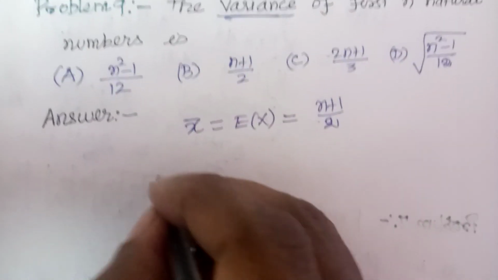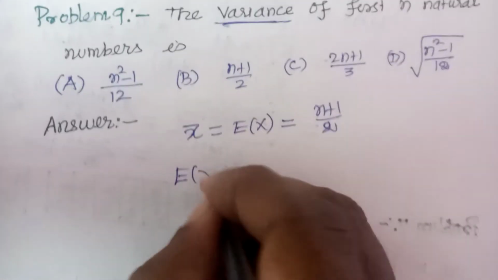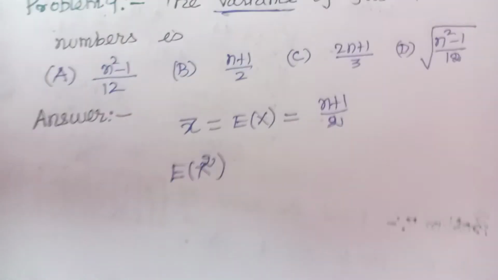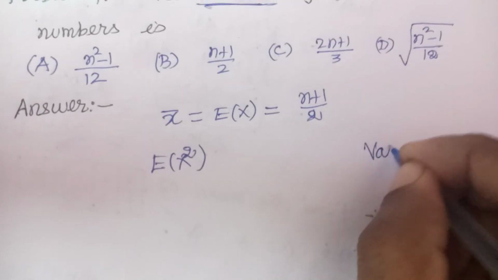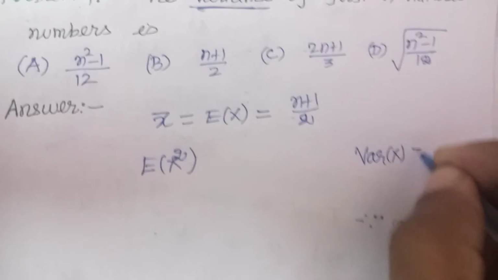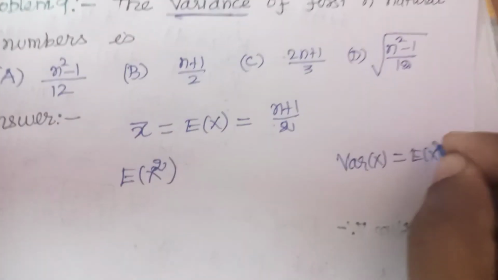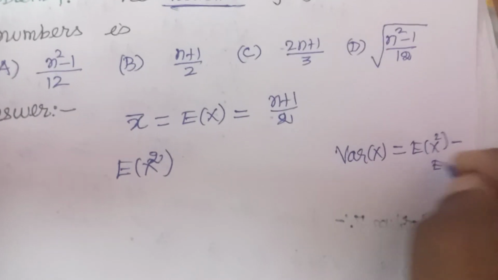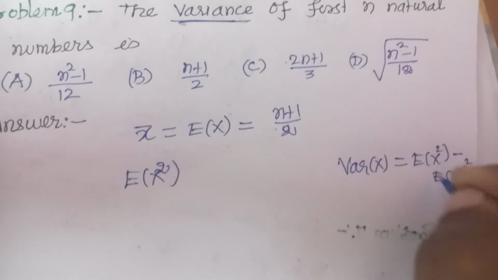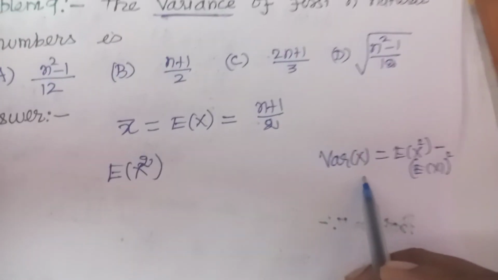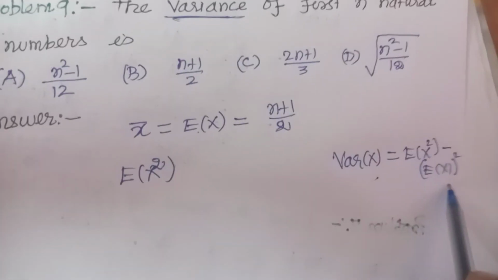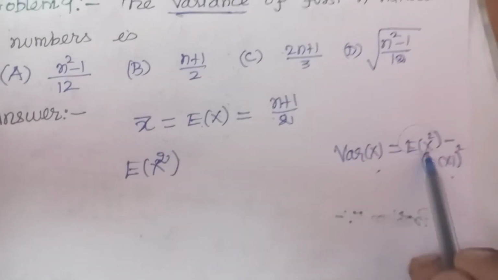Next, we need to find the expectation of x square. The variance formula is expectation of x square minus expectation of x the whole square. We know expectation of x, so now we need expectation of x square.